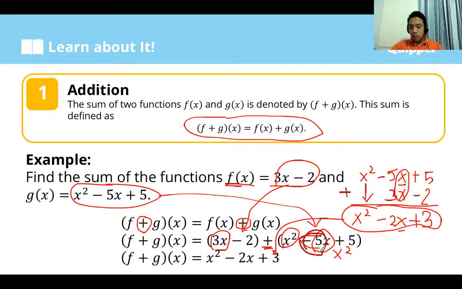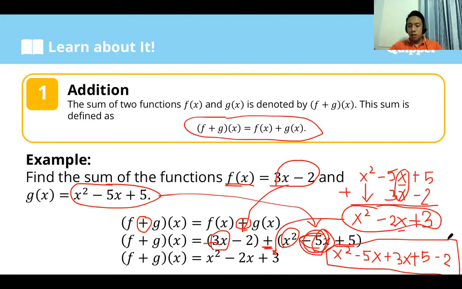So negative 5x, and the sign of this one is positive, so positive 3x. And then plus 5 minus 2.